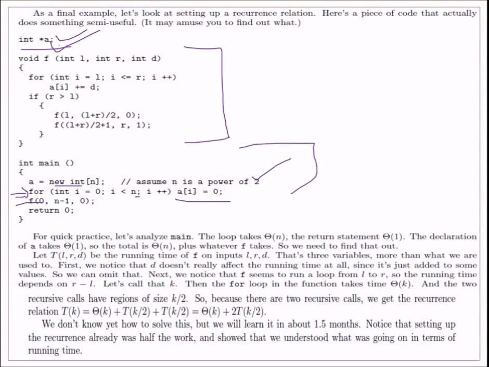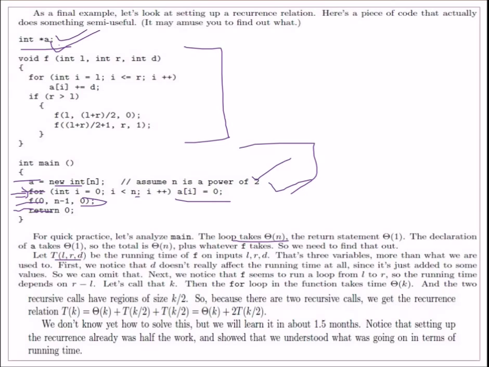Again, the loop takes theta n, the return statement theta 1, and the declaration takes theta 1. So all will be theta n plus whatever f takes. We have not computed f yet. We combine them and say that it is theta n, and then we have not gone to f till now.